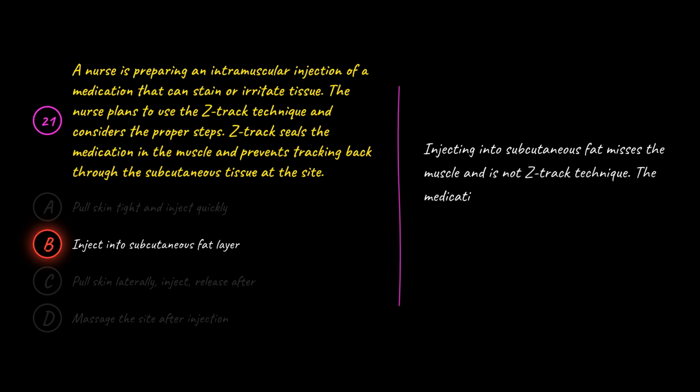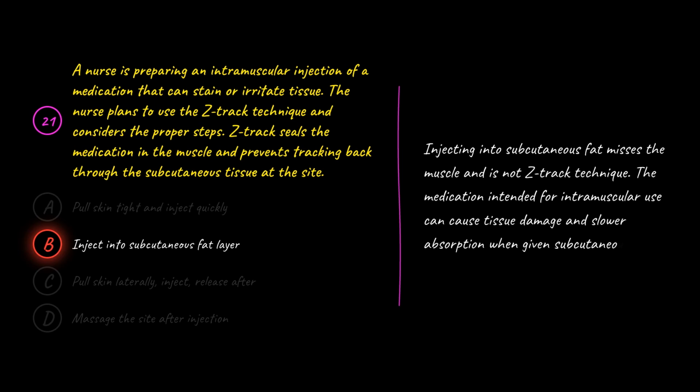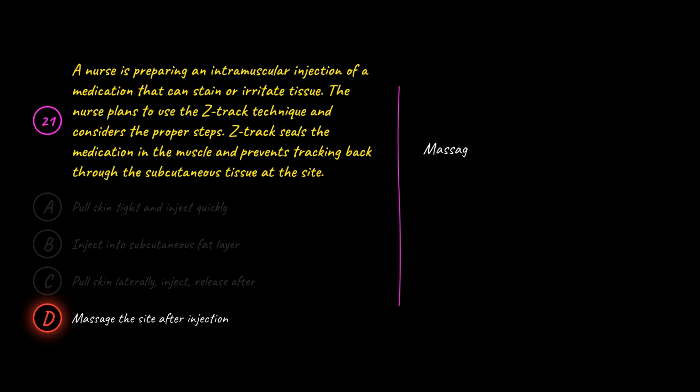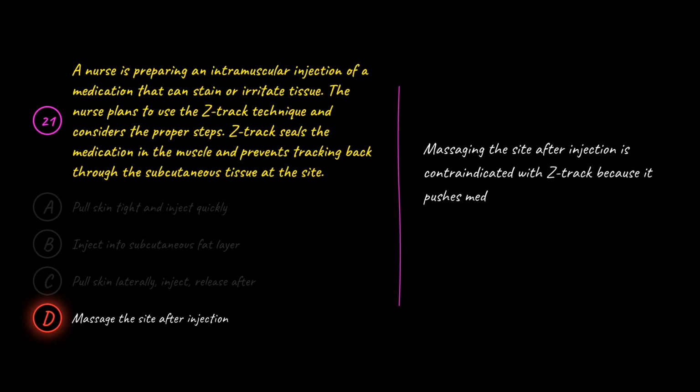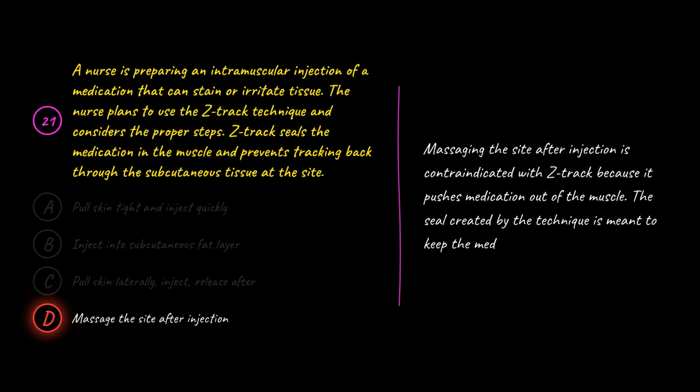The medication intended for intramuscular use can cause tissue damage and slower absorption when given subcutaneously by mistake. D is wrong because massaging the site after injection is contraindicated with Z-track because it pushes medication out of the muscle. The seal created by the technique is meant to keep the medication within the muscle tissue.